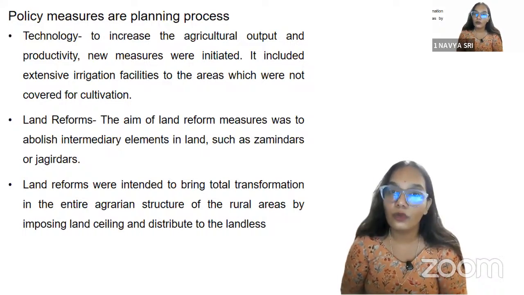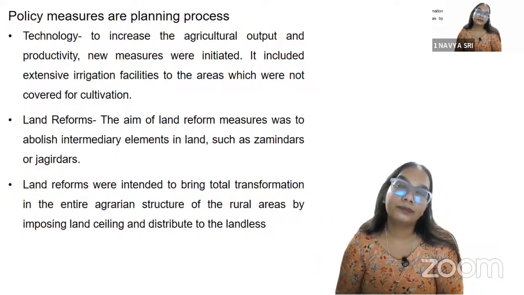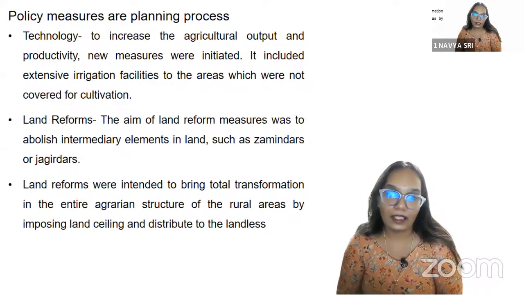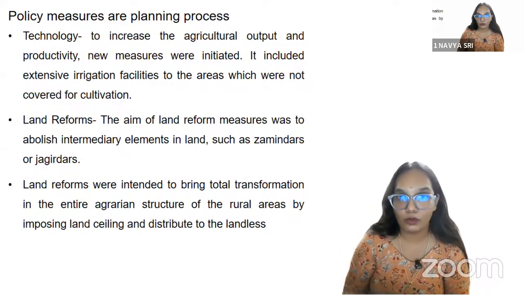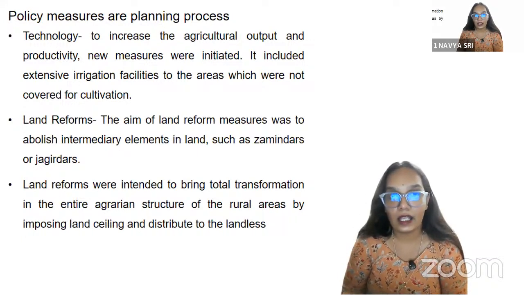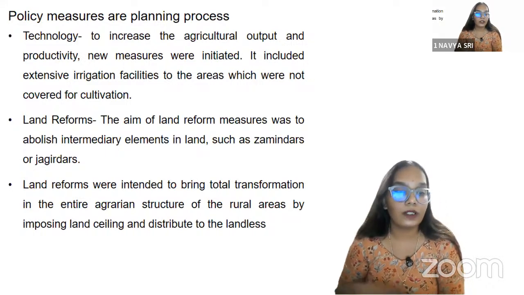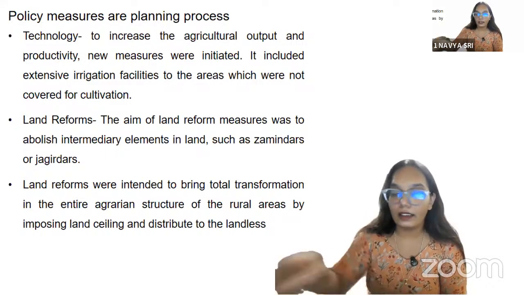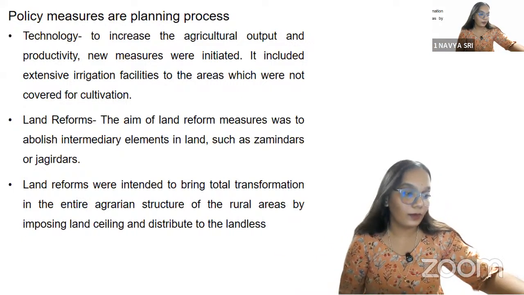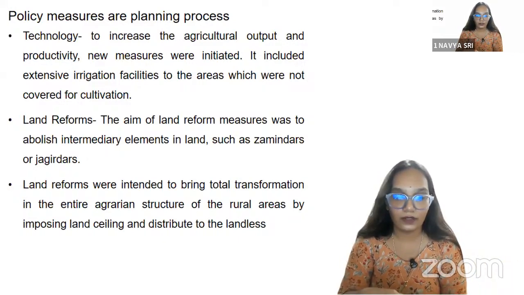This production of more yield in a way would lead to an increase in India's GDP. As we all know, agriculture is the backbone of our economy. So this in a way benefits India in general. Okay. So the land reforms were intended to bring particular transformation, and these acts imposed land ceilings and distributed land to the landless. So that's what we have read.